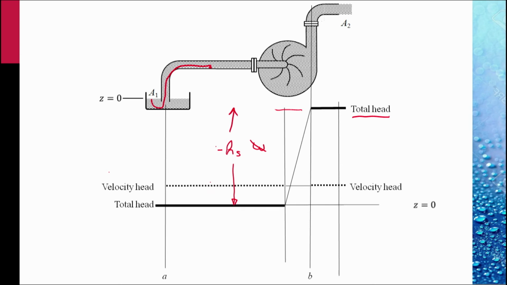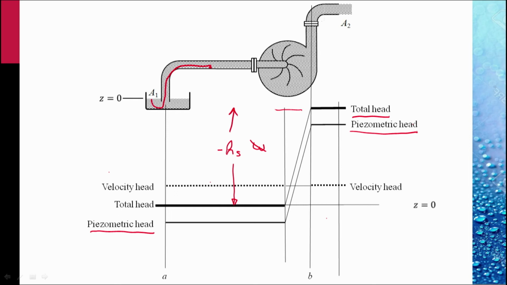Since the pipe has a constant diameter, the velocity is constant throughout the pipe, and so the velocity head is a horizontal line. Clearly, the piezometric head, which is the sum of the elevation head and the pressure head, is equal to the total head minus the velocity head. So piezometric head is a line which is below the total head line by an amount equal to the velocity head there. And this line then represents the piezometric head.